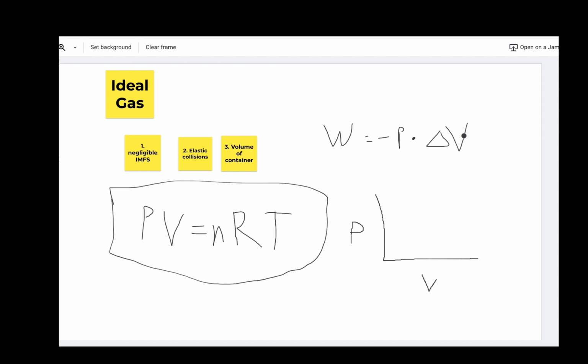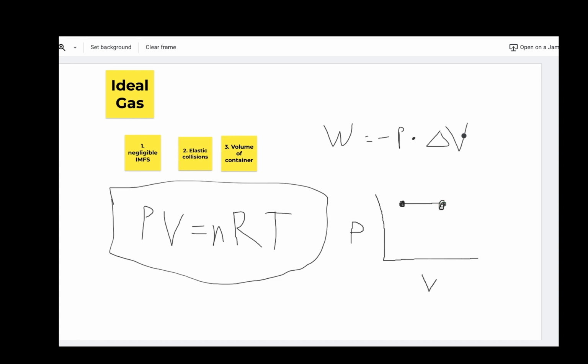So, back to what I was saying. PV diagrams. Work equals negative pressure times change in volume. Basically, if a gas is at some pressure and some volume, let's say a really high pressure and a really low volume, and something is being done to it to increase its volume but keep the pressure the same.